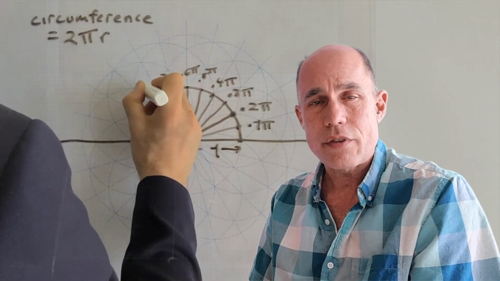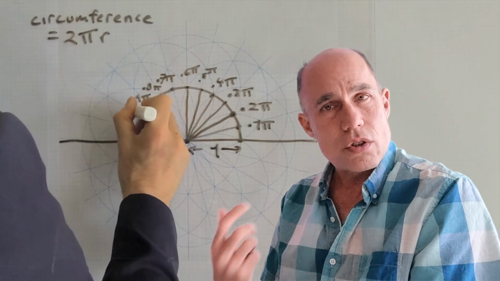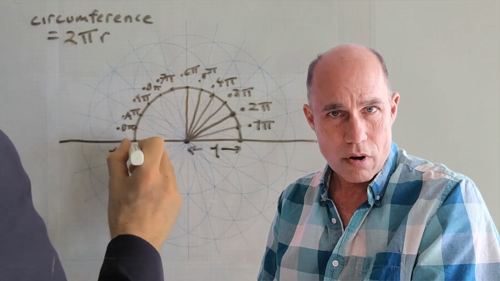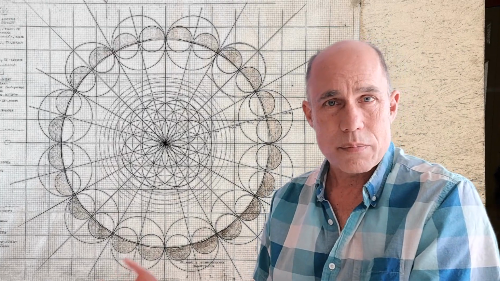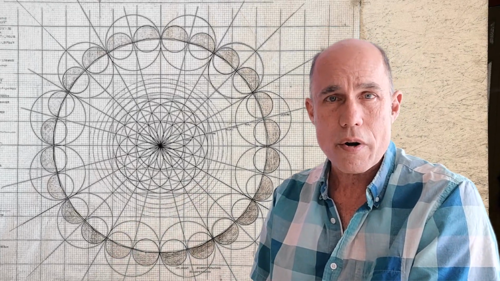So that's all I'm going to say for this video. I just wanted to introduce you to the idea of the base 12 dodecagon. It's a rich geometric pattern that has the potential of answering a lot of questions and solving the problems that would come up with infinity. It ultimately becomes the geometry of the smallest particle.